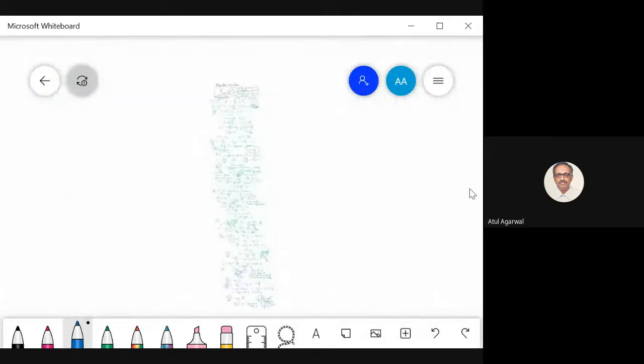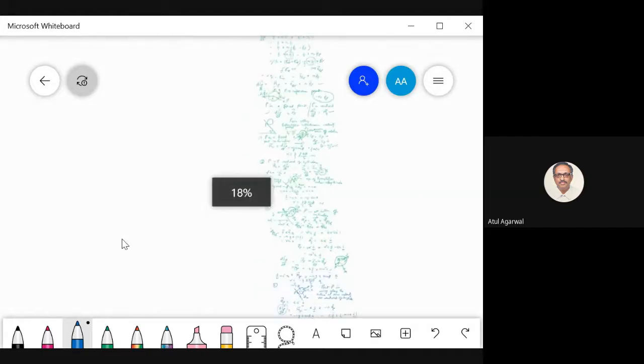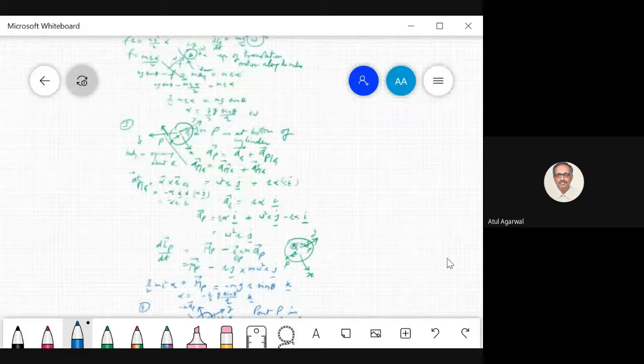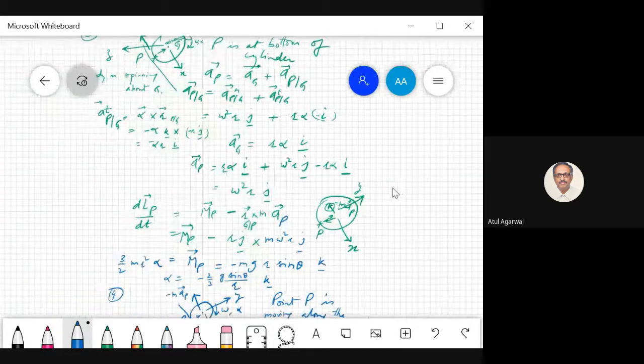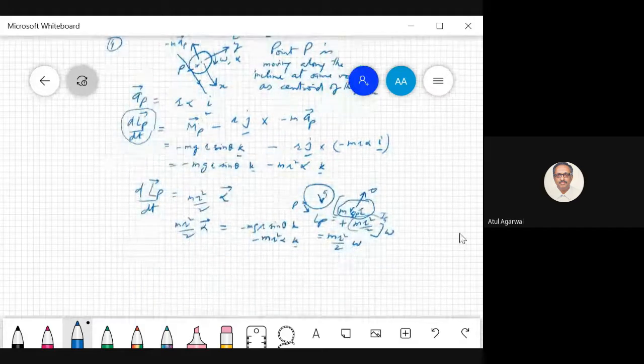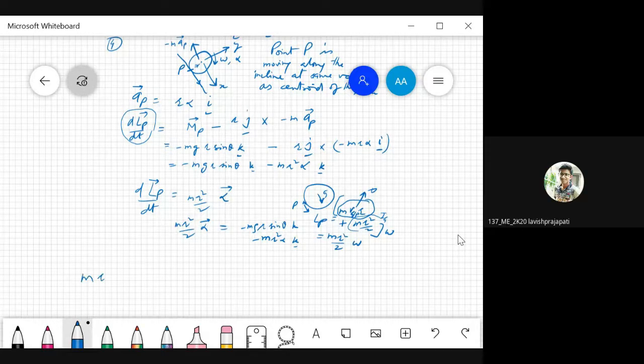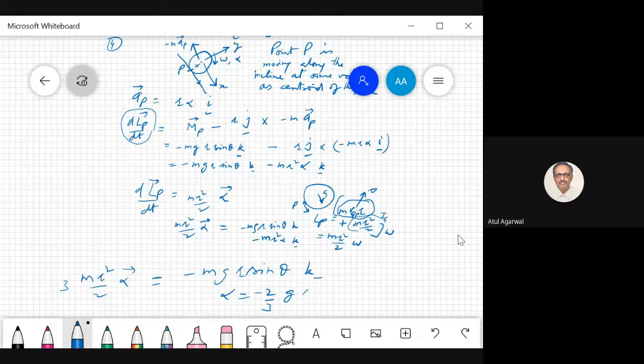So what is your equation? You take this to this side: 3 by 2 mr square alpha is equal to minus mgr sin theta k. So what you get, alpha is equal to 2 by 3 g sin theta by r. So you are getting the same answer.